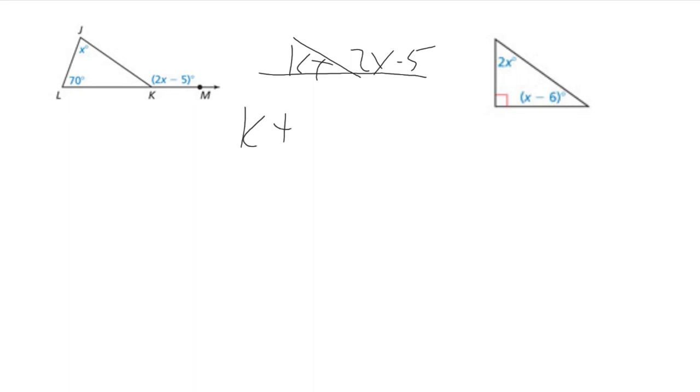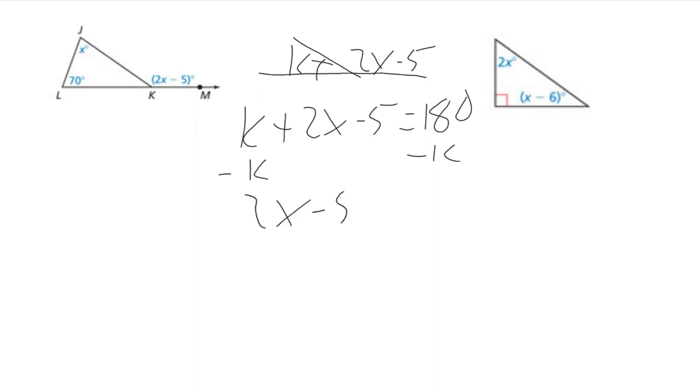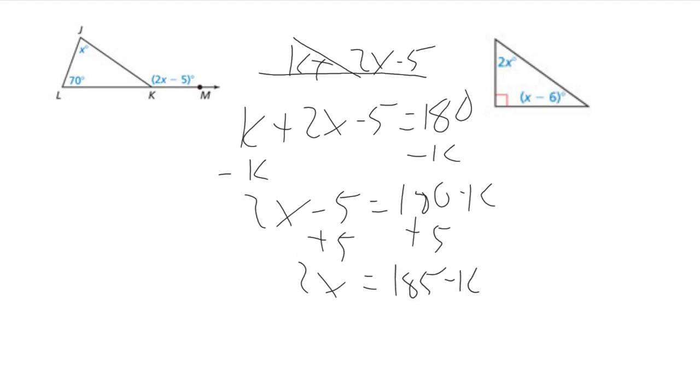K plus 2x minus 5 is going to equal 180 degrees. So I can then say 2x minus 5 equals 180 minus K. I can add 5 to both sides, and then I have 2x is equal to 185 minus K, and then divide everything by 2.